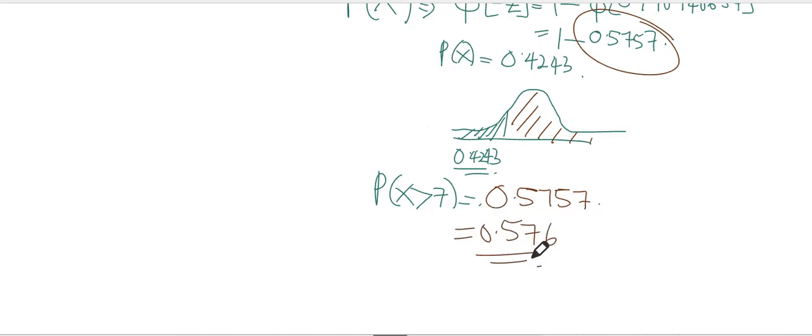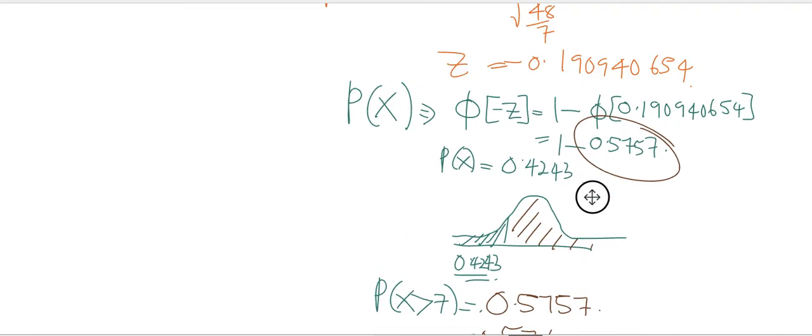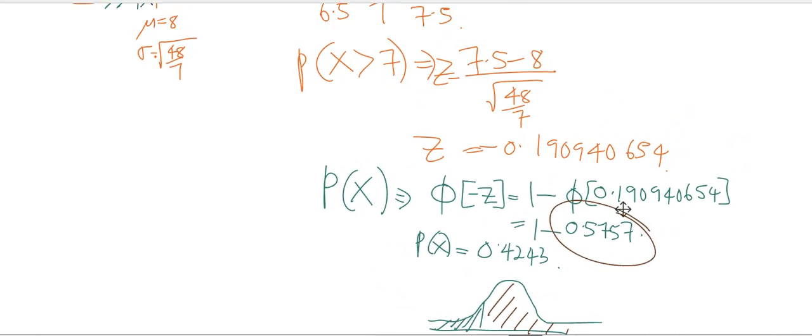It is a little bit tricky, so pay attention and use your MF19. If you have a negative z-score, you take 1 minus phi of the positive z-score, and that gives the region to the left.